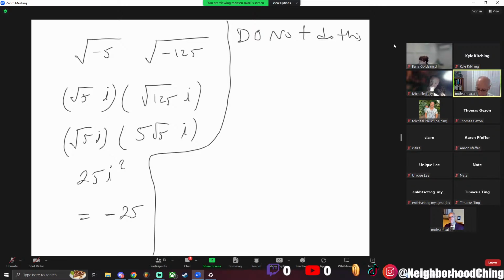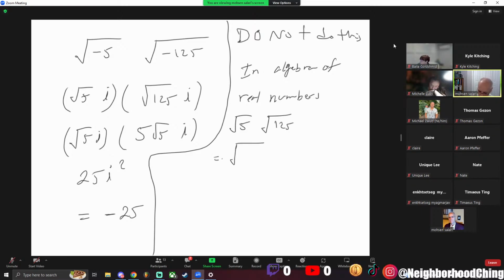So in algebra of real numbers, if you have root 5 times root 125, then you could say this is the same as the square root of 625, and that equals 25.